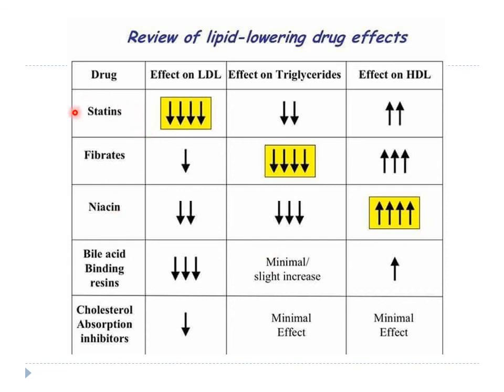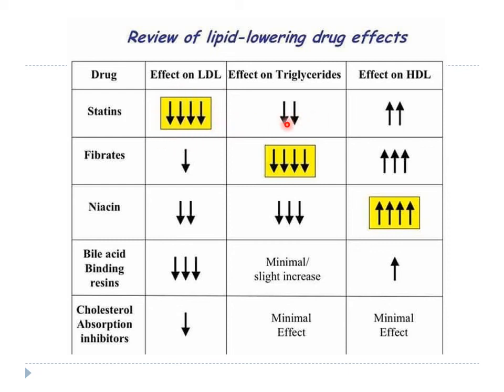Now let's summarize whatever we have done. We have discussed 5 groups: HMG CoA reductase inhibitors or statins, niacin, fibrates, bile acid binding resins, and cholesterol absorption inhibitor, that is ezetimibe. Statins basically have maximum effect on decreasing LDL cholesterol.